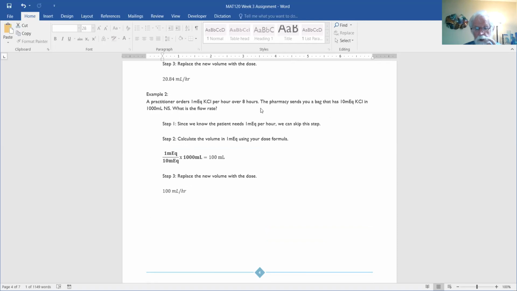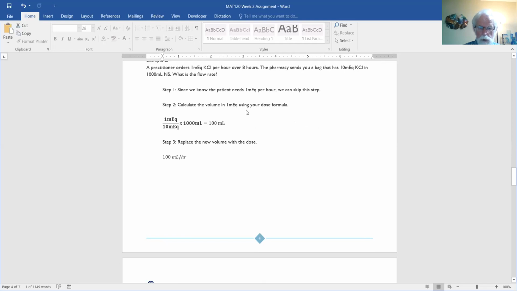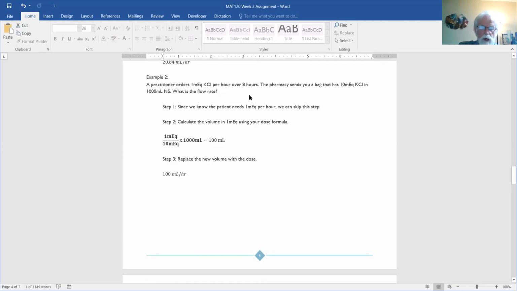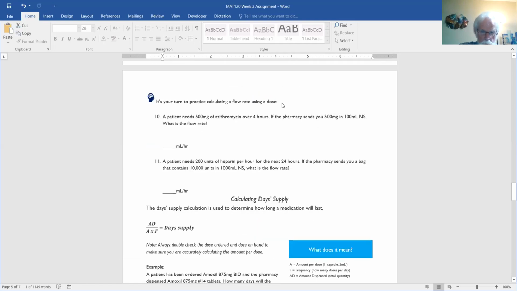Could it be harmful to give the patient those other 2 milliequivalents? The answer to that is complicated, but in general, yes, it could, because the physician has determined that what that patient needs is 8, not 10. Could the pharmacy have sent a bag that had 8 milliequivalents? Yep, in which case we'd give the entire contents. But that's not what the problem is.